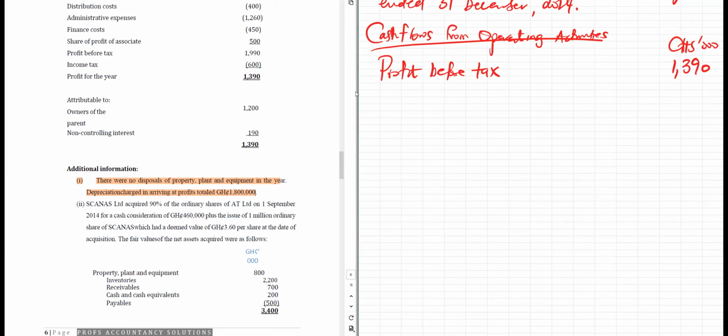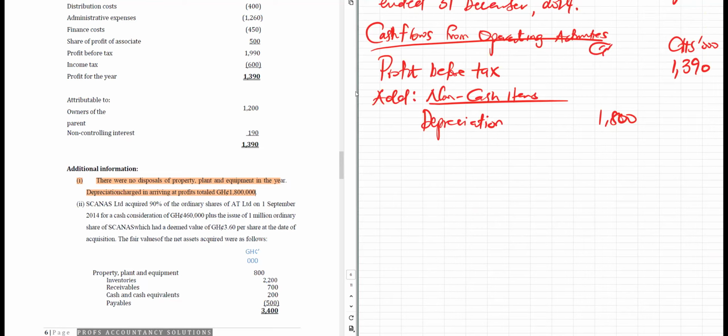Then we reverse the depreciation, so we add back non-cash items. What did we have? Depreciation, 1,800. So maybe I can create this other one here, and then I sum them there and bring it to the side. So you see how we dealt with that footnote, straightforward. And it said there were no disposals of PPE in the year. That means that was all.